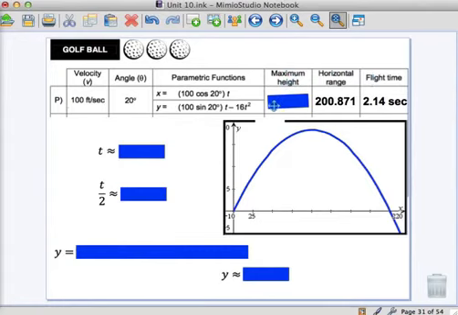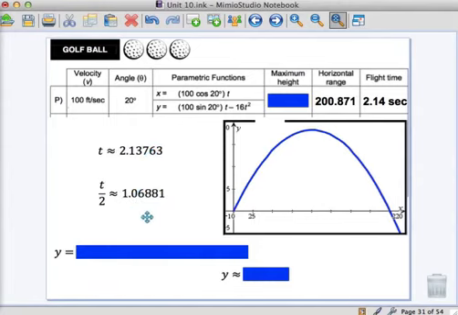Now I want to find my maximum height. Okay, the process, let me line that up, sorry. I already know my flight time is 2.13. Well, for my maximum height, it's right here. And those of you that remember parabolas, you know that halfway between your starting and stopping point on your parabola is your maximum height. So you're going to take your t value here, divide it by 2.